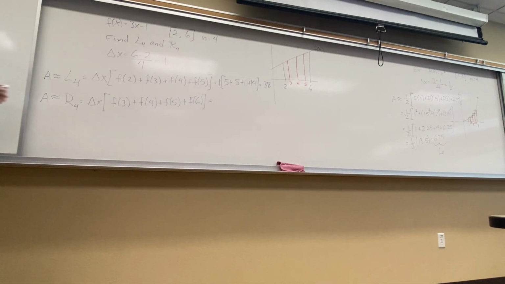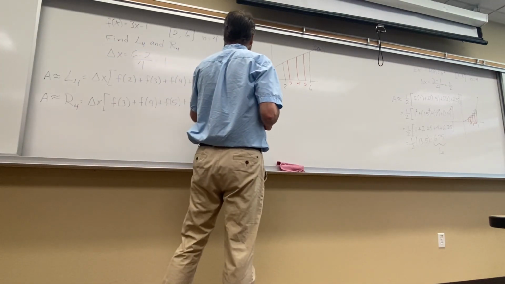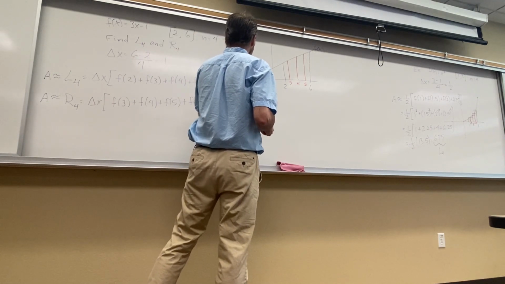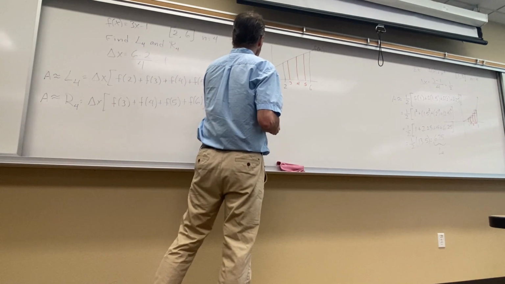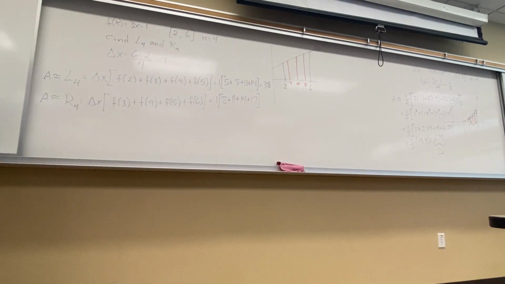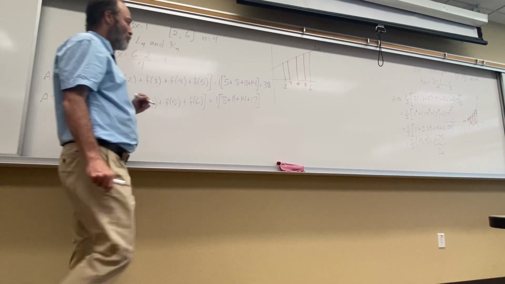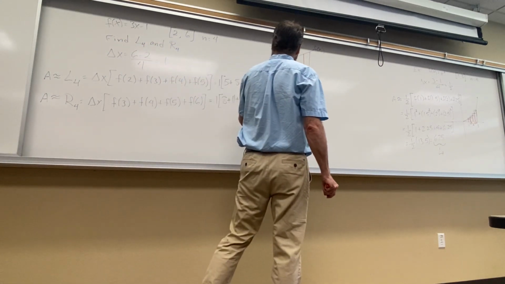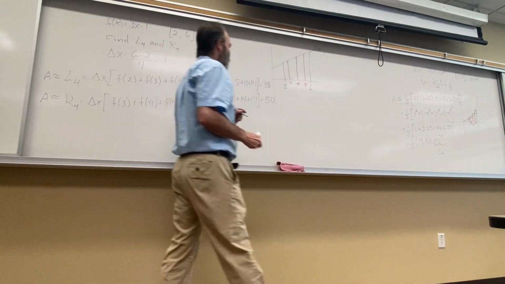Okay, and so here we're going to get 1 times 8 plus 11 plus 14 plus 17. Let's see, that's 31, 42, 50. Okay.